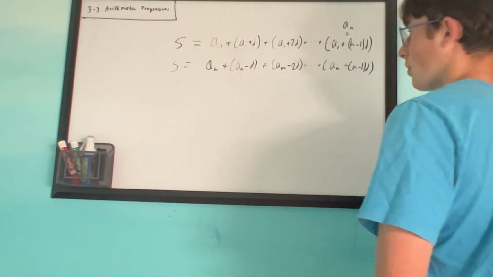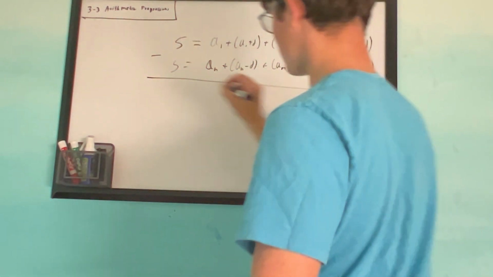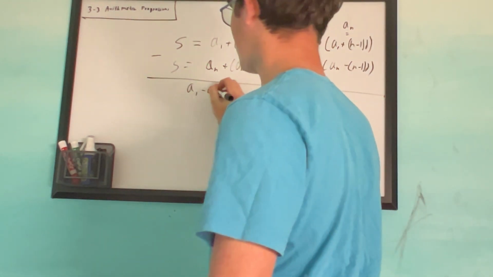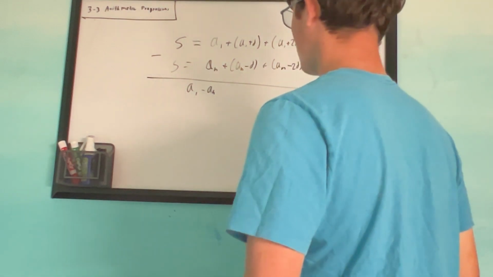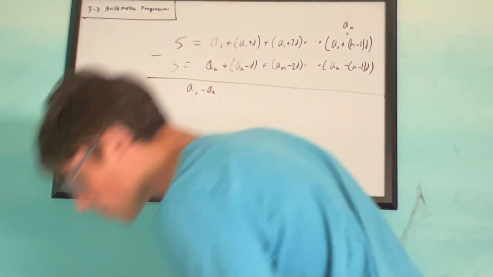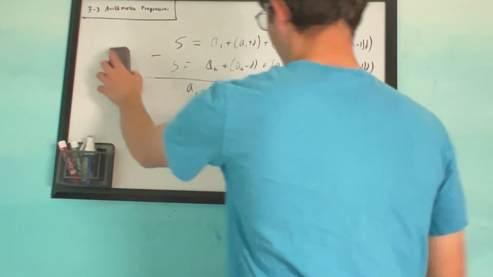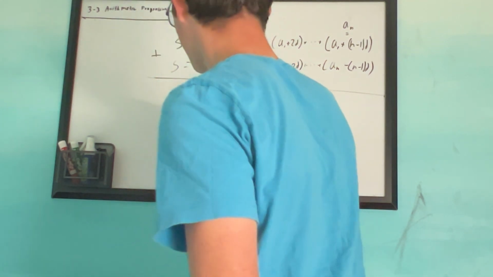And so what we can do is subtract these two expressions, so we get a sub 1 minus a sub n. Wait, no, sorry, why am I subtracting it? I'm dumb. It's a sub 1 plus a sub n.